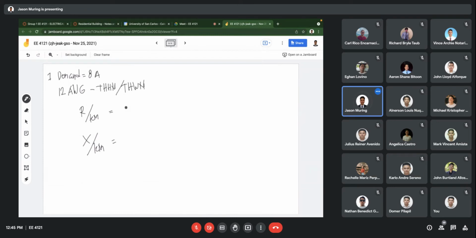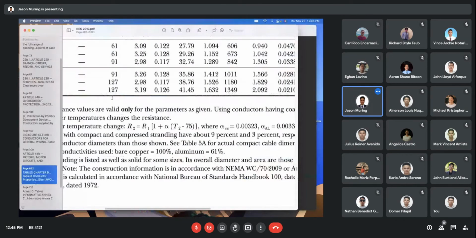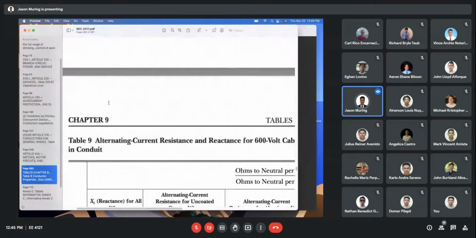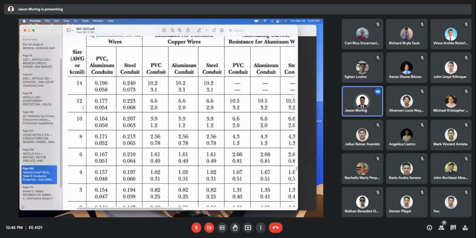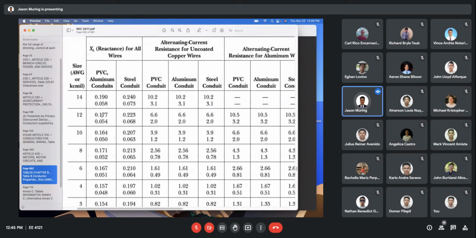Okay, so the resistance of number 12, this is table 8, I mean, this is table 9. So number 12, so this one. Again, let's say that we are using PVC, no? So our reactance is 0.177.